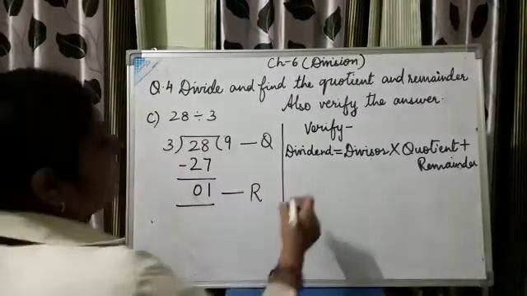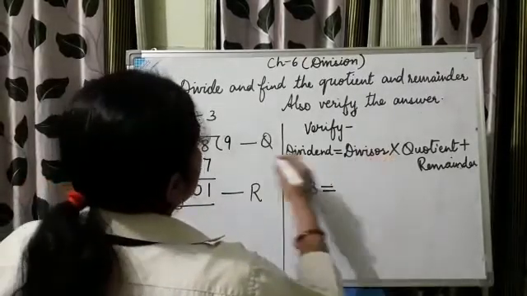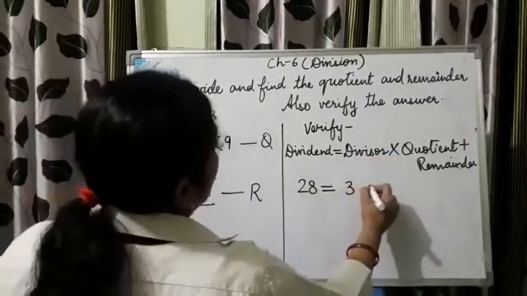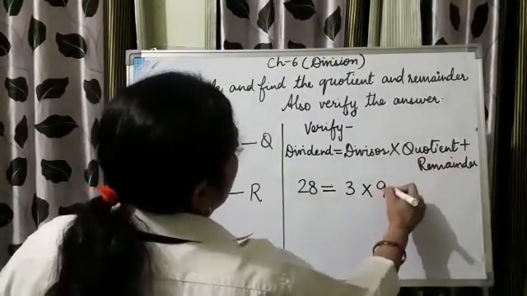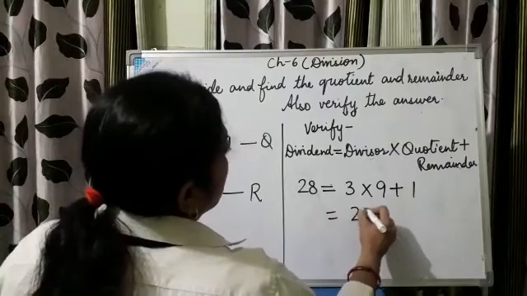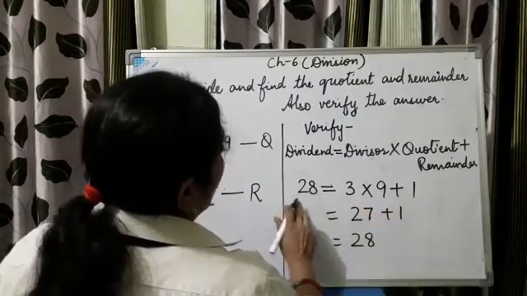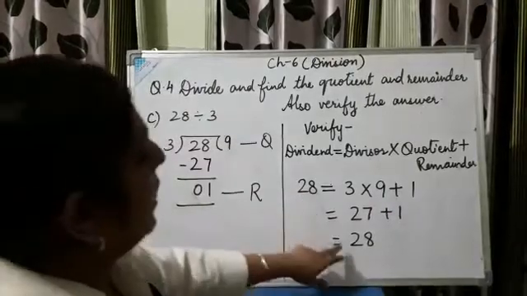Let's see. The dividend is 28, the divisor is 3, multiply with quotient 9, add up the remainder. 3 9s are 27 plus 1 will be 28. So finally you have come back to the dividend.